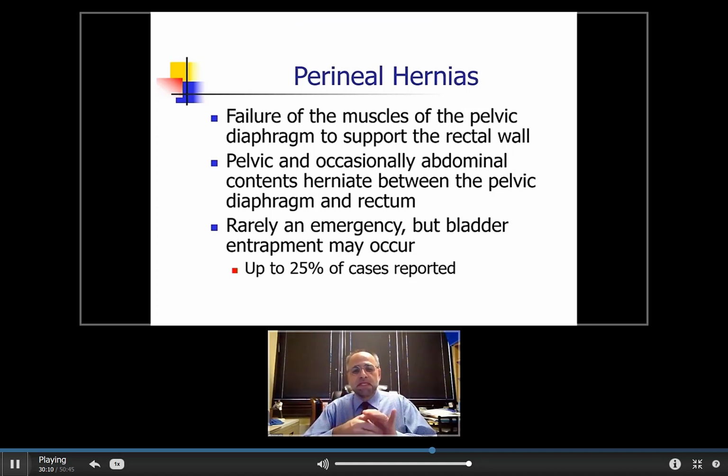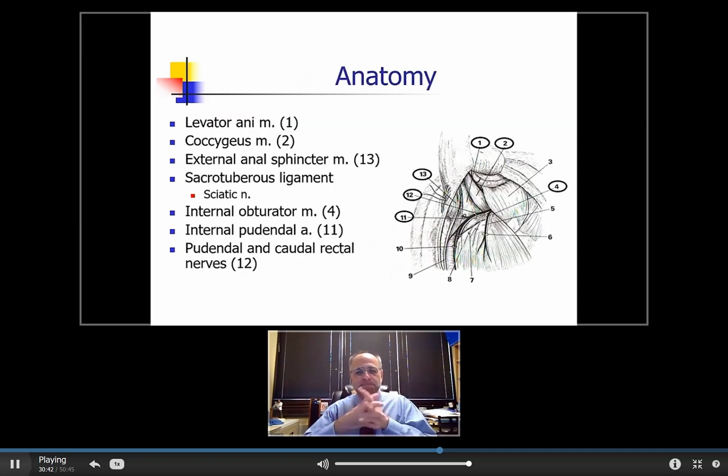Radiographs taken of the caudal abdomen may demonstrate the bladder, and if you still can't find the bladder, we can always catheterize these patients and pass some contrast material into the bladder and try to localize where the bladder may be. It's pretty uncommon that the bladder does herniate into the hernia, and when it does herniate, it's pretty uncommon that it actually entraps. But the bladder may be present in up to 25% of the cases of perineal hernias.